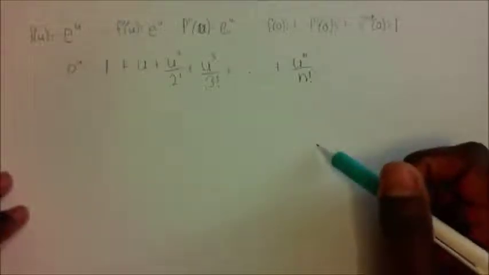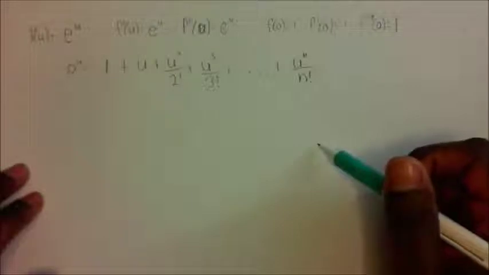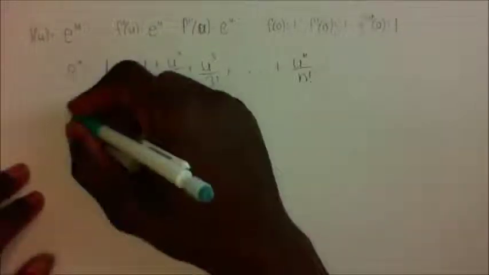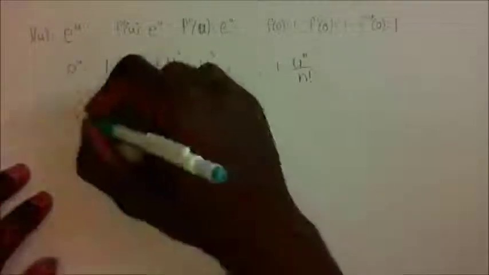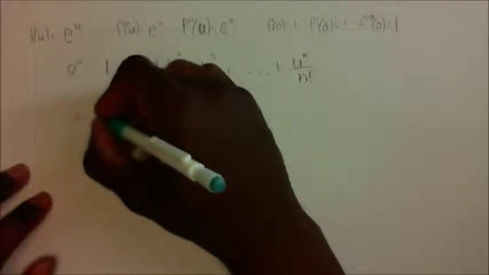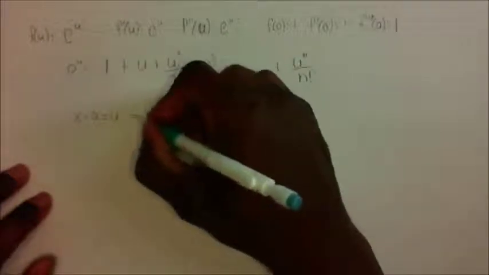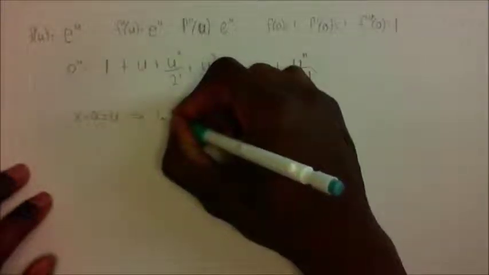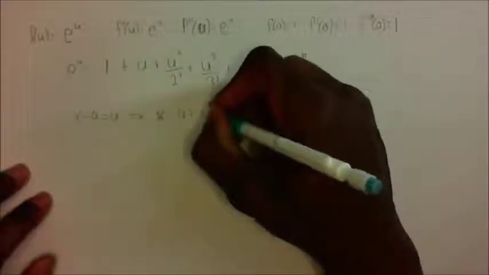Okay, so now with that in mind, we're going to look for a more general form of this. We're going to pick another variable called x, where x minus a is equal to u, which also implies that x is equal to u plus a.